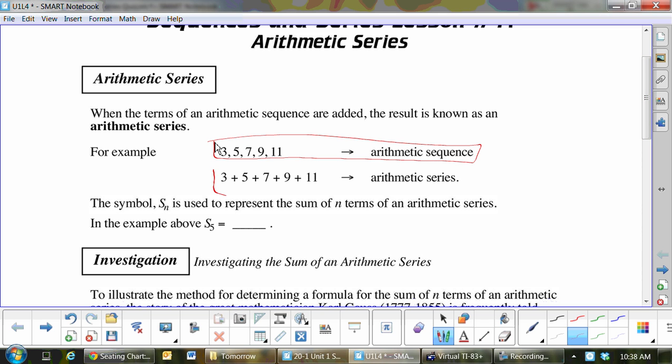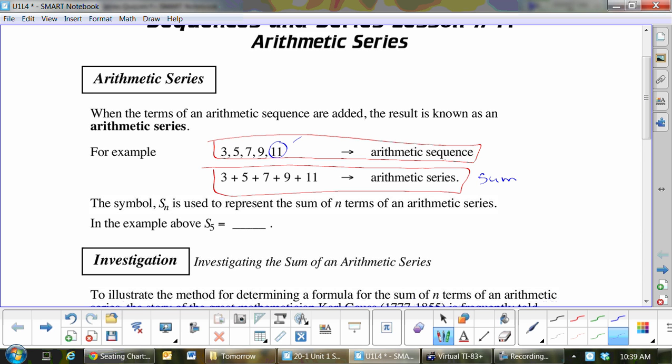Do you see how one will be separated by commas? The other will be separated by plus signs. Okay? We're looking for the sum. So arithmetic series is the sum.